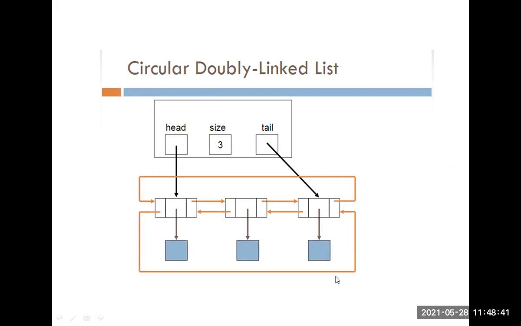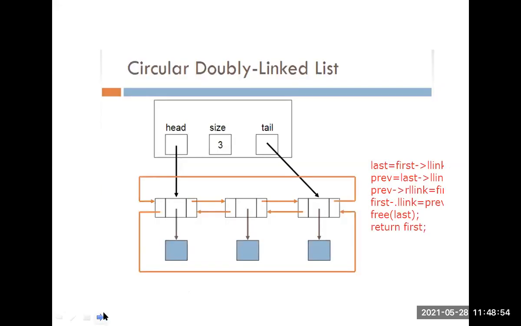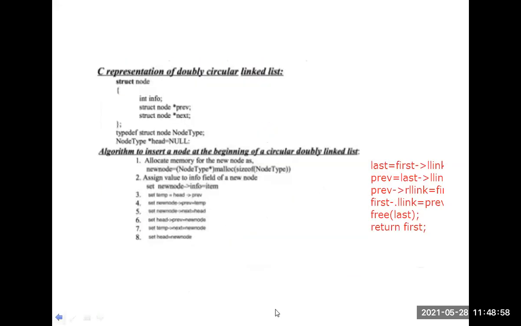So far clear: single linked list, circular single linked list, double linked list, circular double linked list, and the different operations performed in circular double linked list. All are clear, or any doubt, ping me a message in the chat box.